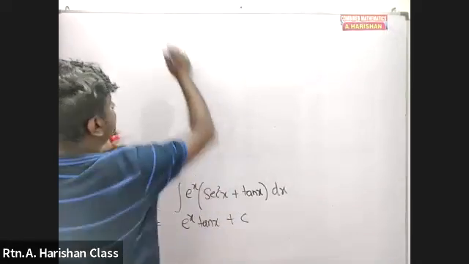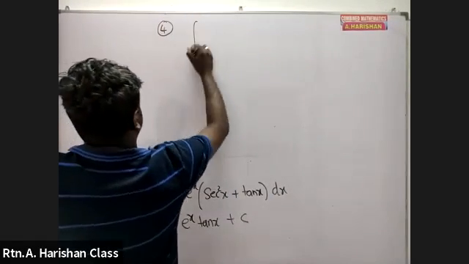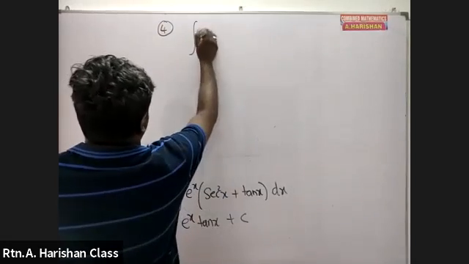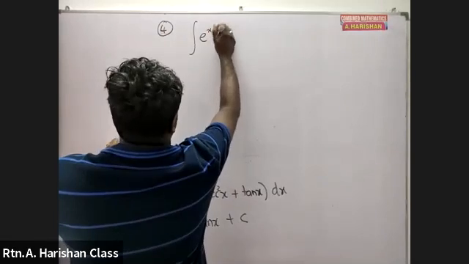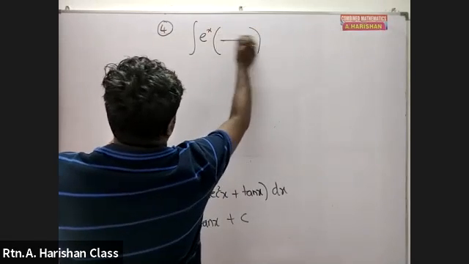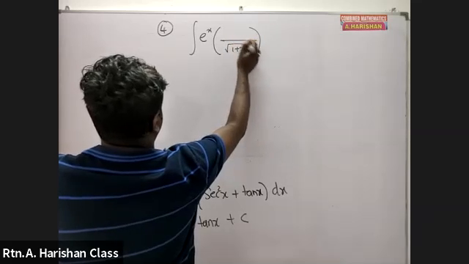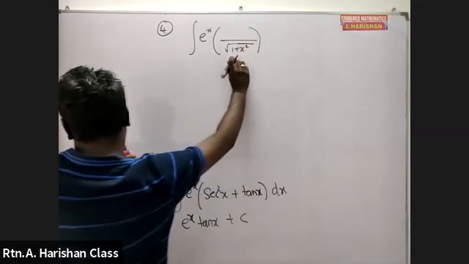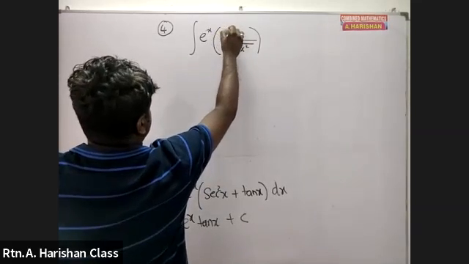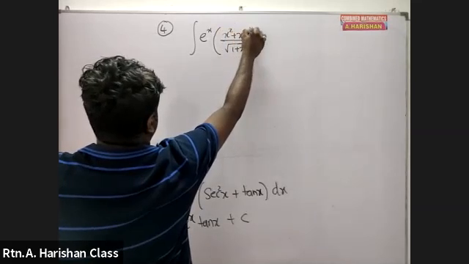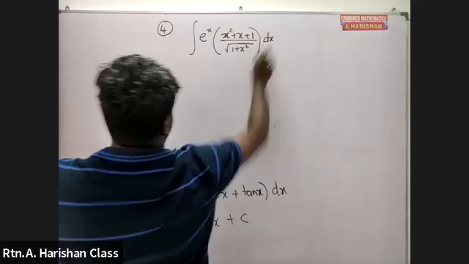Okay, so do this one. Fourth one, pause and do. Integration of e to the power x into (square root of 1 plus x squared plus x over square root of 1 plus x squared) dx.